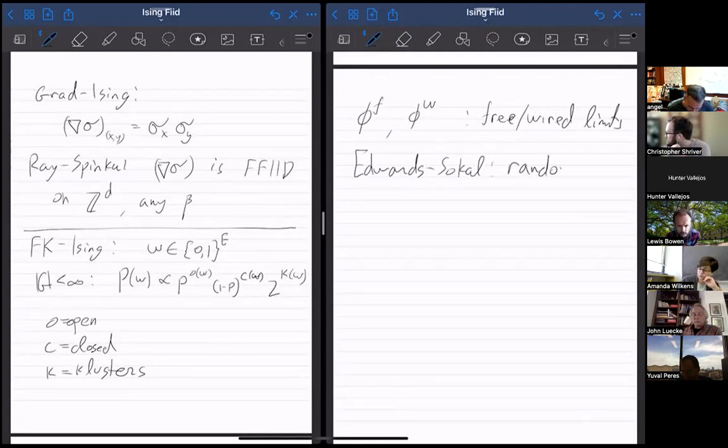A random spin on each cluster gives the Ising. The Ising measures are either the free or the wired accordingly.